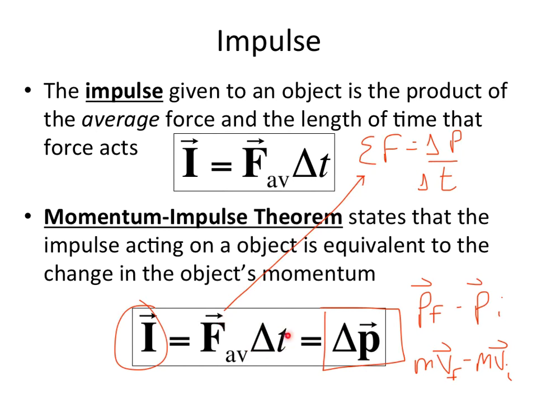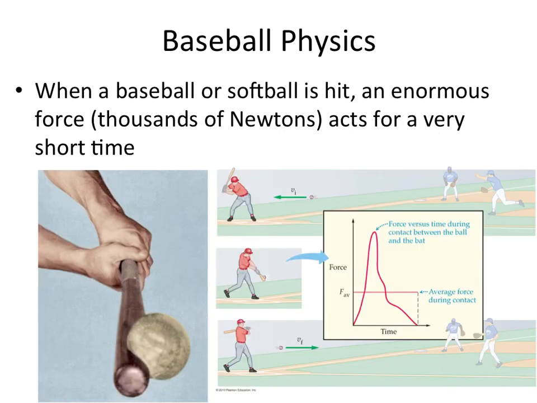We're going to be applying some examples of this in the next few problems, and a good example of this is that of baseball. When a batter, whether it's baseball or softball, contacts the ball with their bat, it is in contact with the bat for a very, very short period of time. This is a very high-speed camera picture, but it's not very long that the ball is touching the bat.